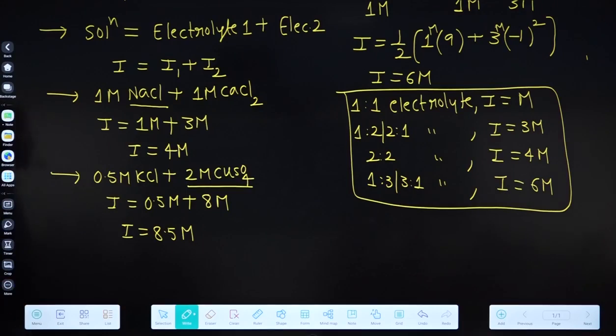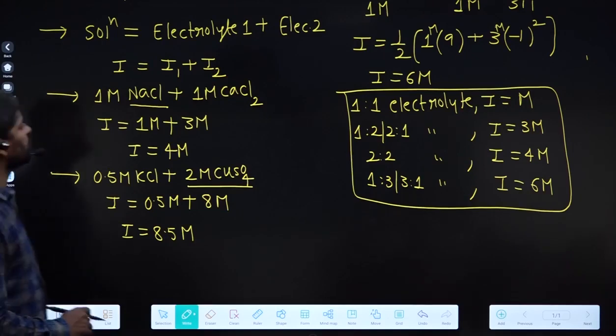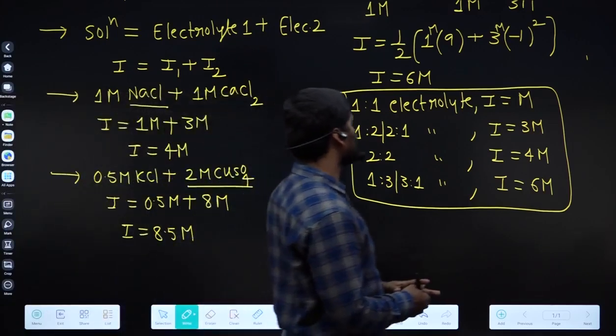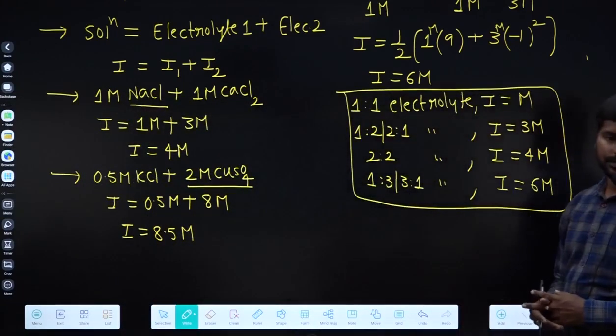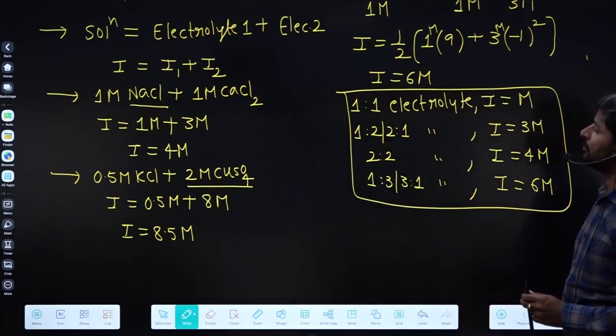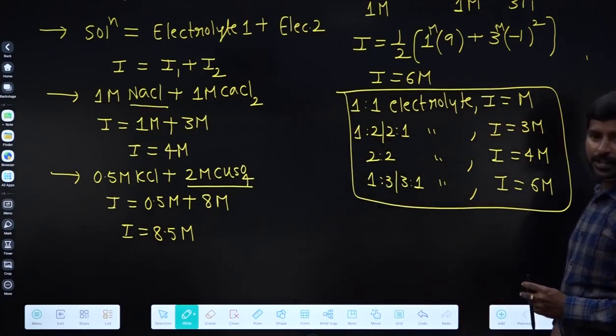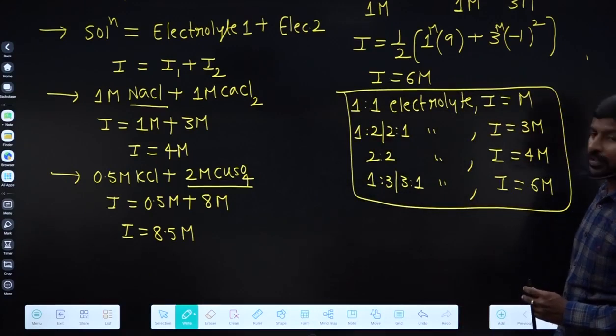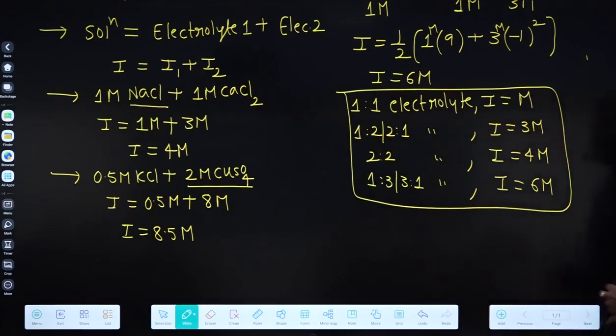Next we have to see the effect of ionic strength on the rate of reaction. What is the effect of ionic strength on the rate of reaction? Next put heading: effect of ionic strength on rate of reaction.